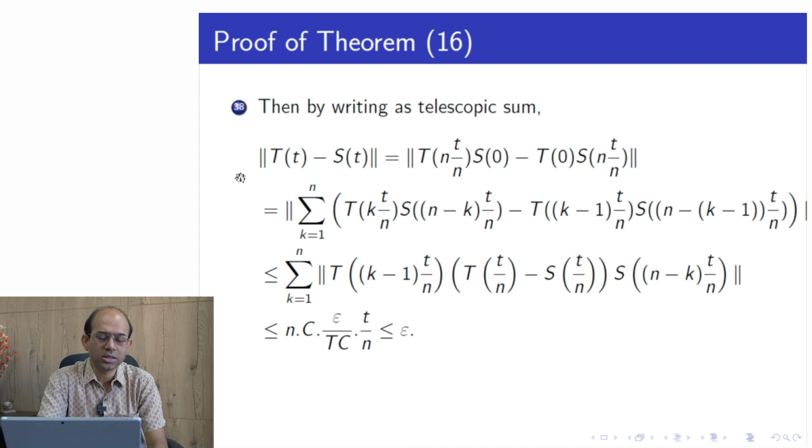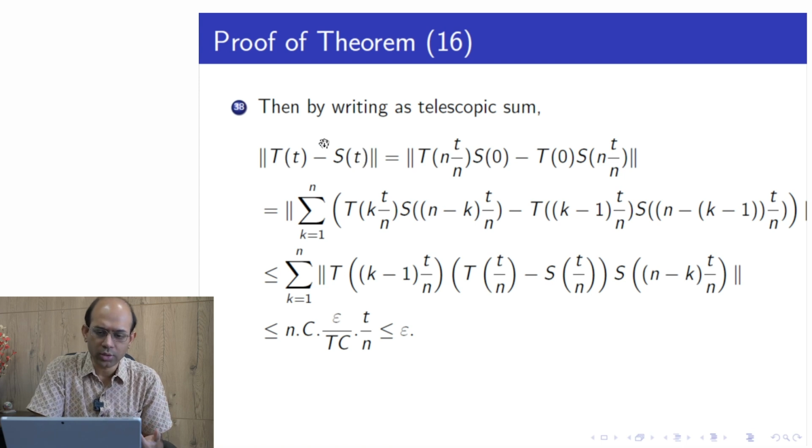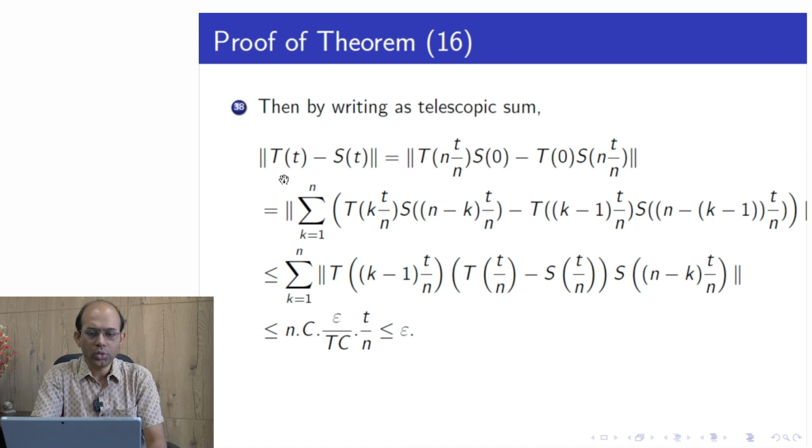We look at this difference, norm of T(t) minus S(t). We need to show that this is 0, indeed. For showing that, we are going to rewrite this using some kind of telescopic sum. We rewrite capital T of t as T of n times t by n.